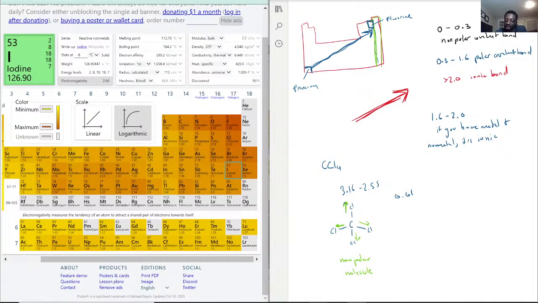I'm actually going to show you now an example of something that has non-polar bonds but still a polar molecule. So let's think of nitrogen. Is nitrogen a good example? No. Let's see. That's really just on the borderline there. Let's try NO2, nitrogen dioxide.